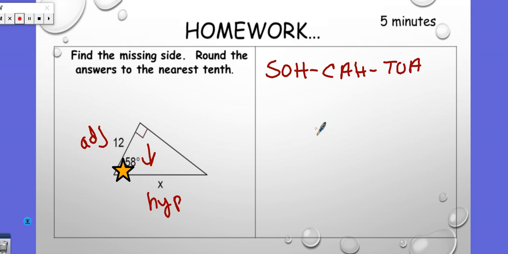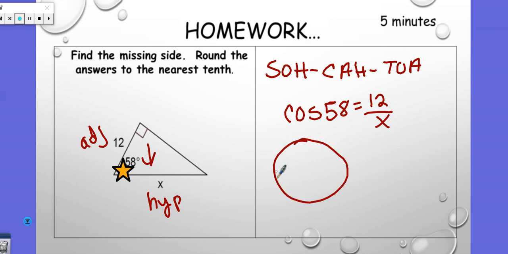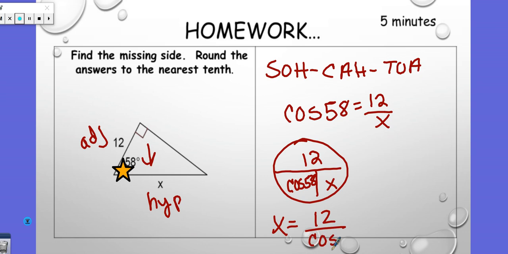And here we're going to have cosine of 58 equals 12 over x. This is adjacent and hypotenuse, so I have to use cosine. So here x equals 12 over cosine of 58.